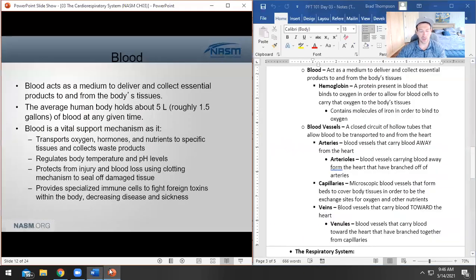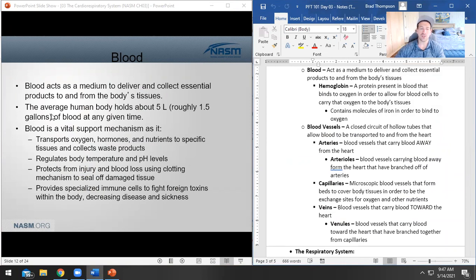So looking at blood, its job is to act as a medium by which you collect essential nutrients and deliver them throughout the body. Primarily, the nutrient we're talking about is oxygen. Obviously, you're transporting glucose, proteins, fats, and all kinds of other stuff as well. But for the purposes of today's lecture, the big thing is delivering oxygen.